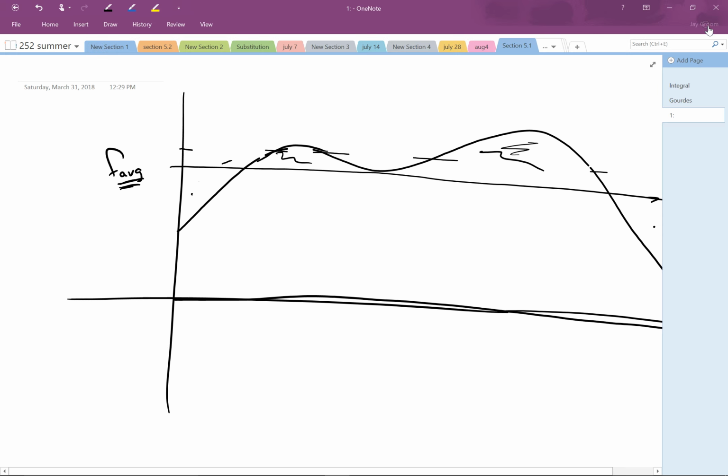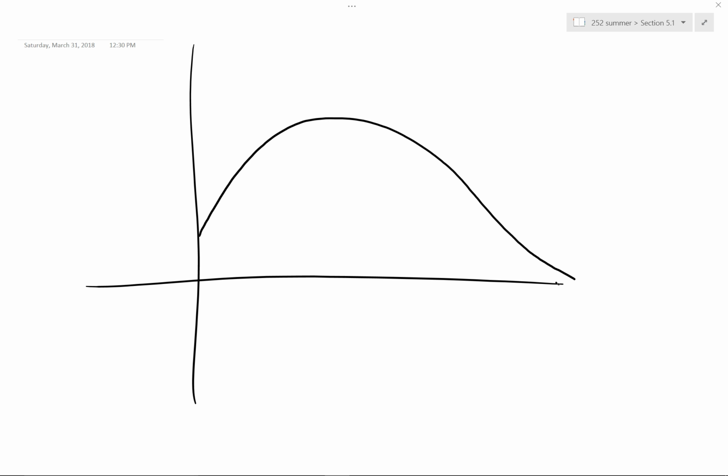Okay, and if you can kind of picture that, I think that's an easy way to go about it. Now, in this first section, what a person could do to find these areas is draw little rectangles under them. And you'll notice that my rectangles are hitting on the left side of the rectangle.